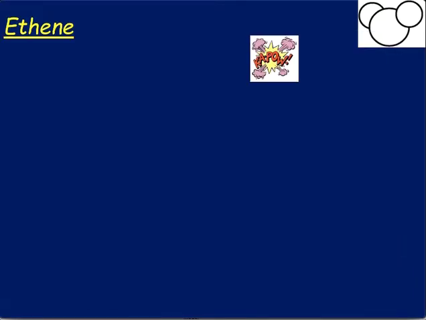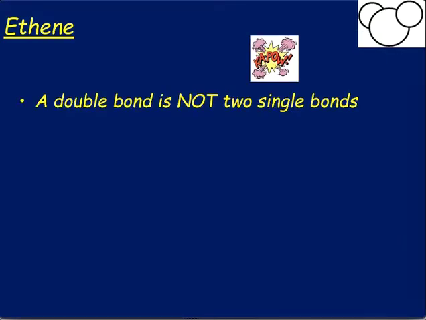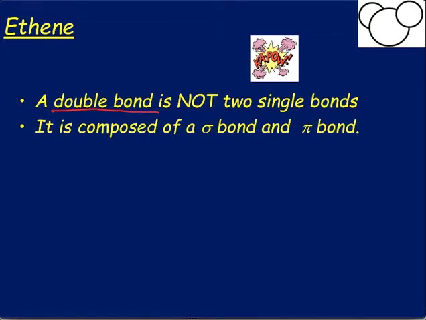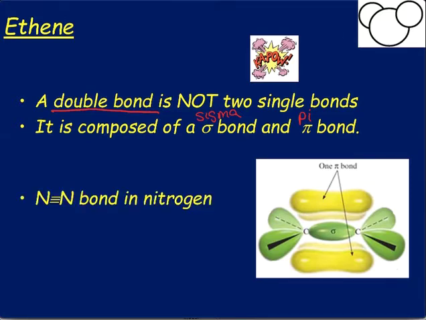Now in terms of ethene, if you have to describe the bonding, while it is a double bond, it's not two single bonds, it's composed of a sigma and a pi. So you can use the Greek words for them. They're sigma and a pi bond. And we've just explained why. So nitrogen is now a triple bond. That is not three single bonds. It is going to be one sigma and two pi. So in reality, for that nitrogen, this is our sigma along the plane.